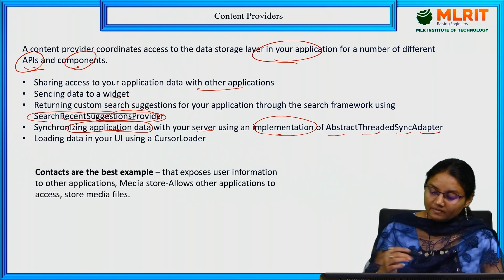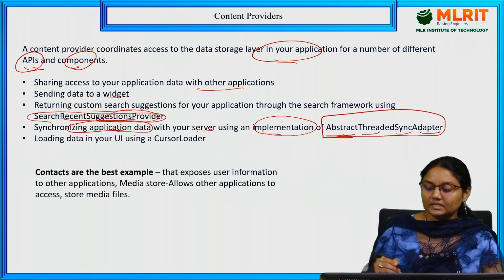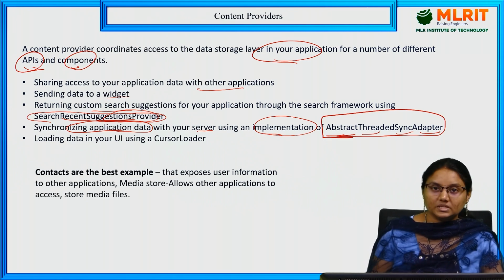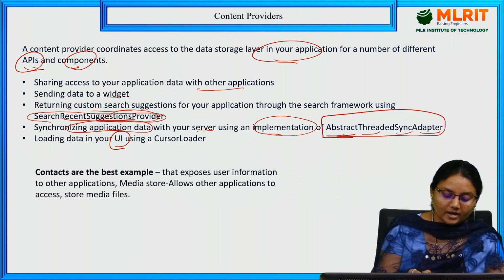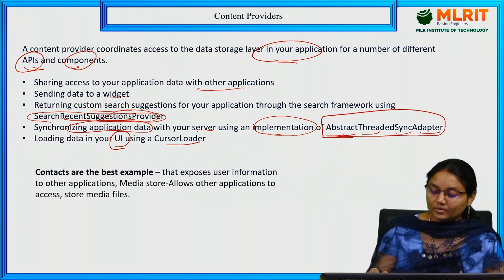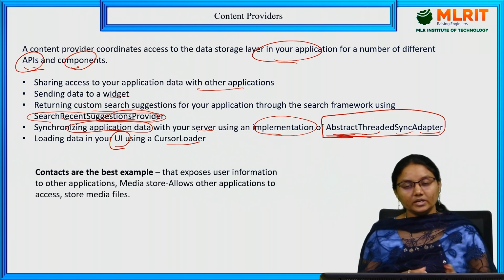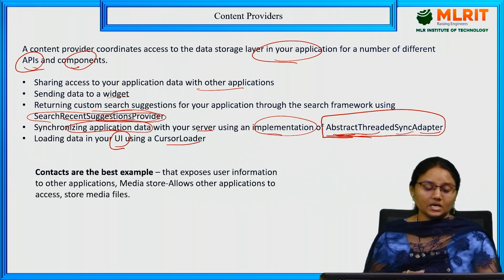That relevant data is shown by using this class, AbstractThreadedSyncAdapter. It will synchronize all the threads using those adapters. Then loading the data into your UI using cursor loader. So once the threads are synchronized, the data is loaded into your application by using this cursor loader.